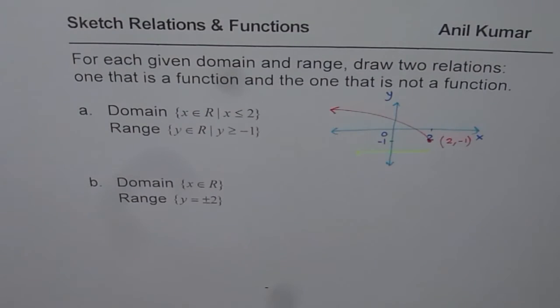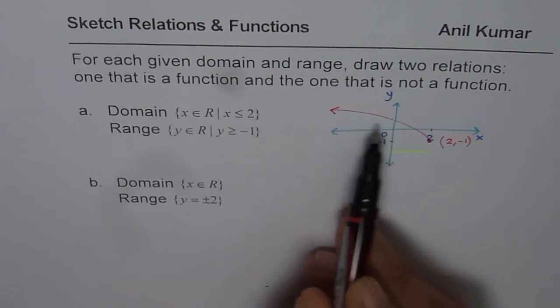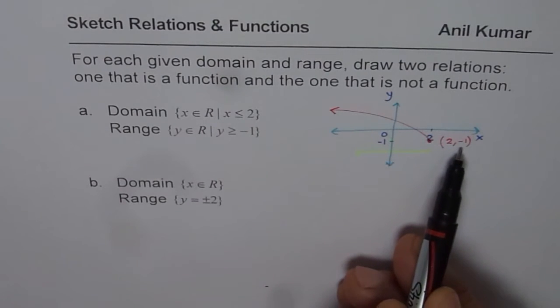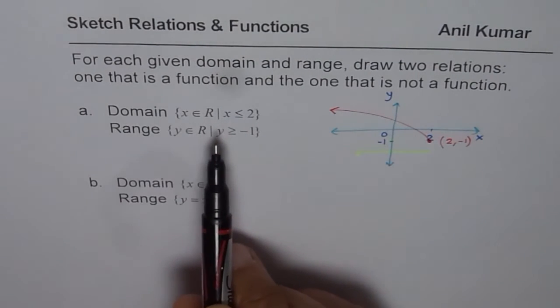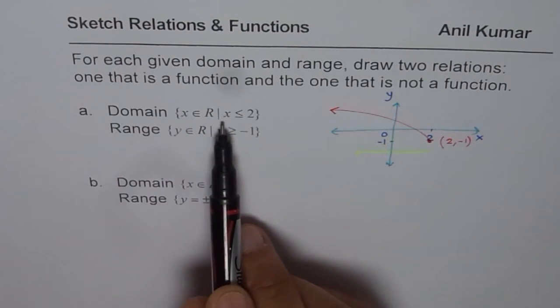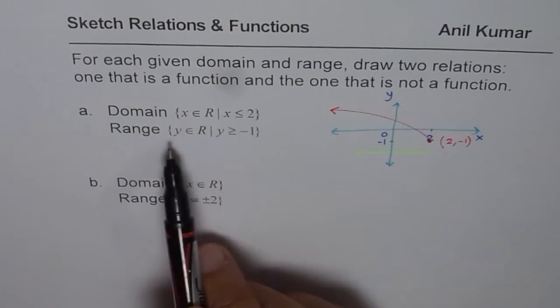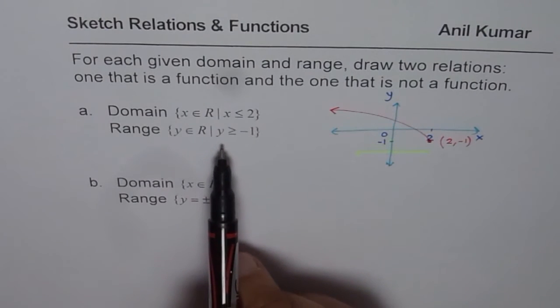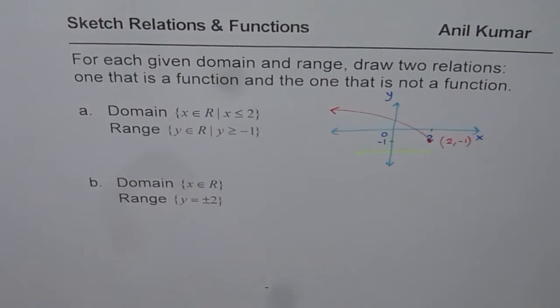I hope this part is clear: what I have drawn is a square root function which is pointing towards left starting at 2, minus 1. So we have satisfied the condition that the domain is x belongs to real numbers where x is less than or equal to 2 and range is y belongs to real numbers, y is greater than or equal to minus 1. So that is the first graph.